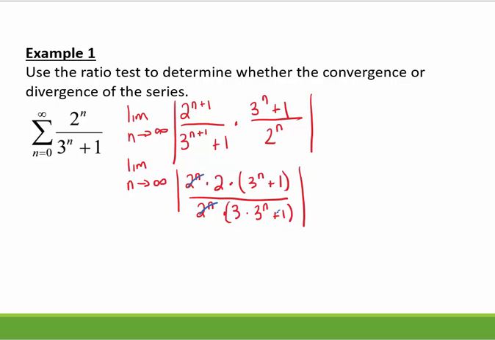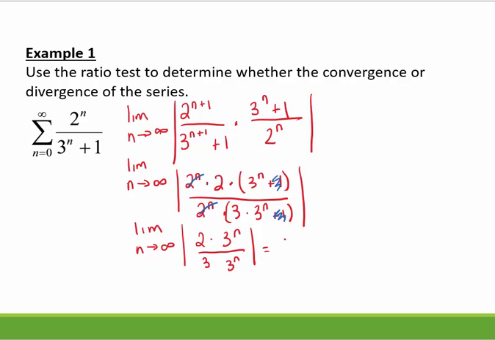As we go to infinity, we don't really have to worry about a plus 1. So what I really have here is the limit as n goes to infinity of 2 times 3 to the n all over 3 times 3 to the n.